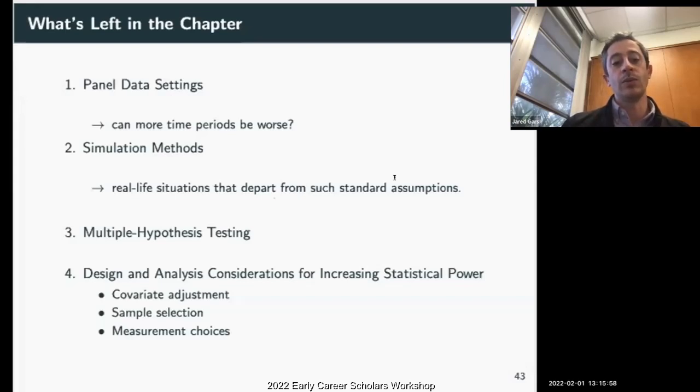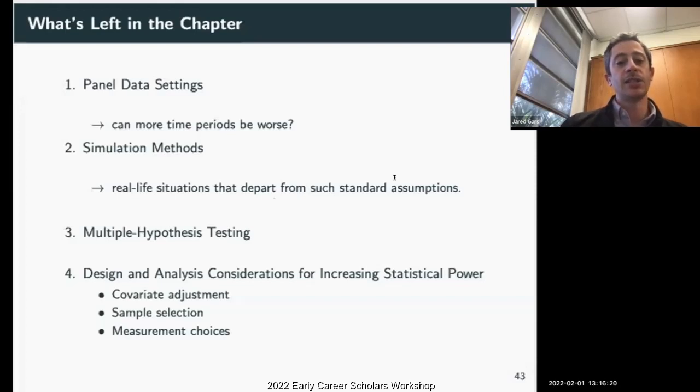So those need to be taken into account. There's a number of resources on multiple hypothesis testing, so you should go out and look at those whenever you're designing an experiment that has multiple hypotheses. You have to adjust for multiple hypothesis testing, so please go out and seek that out, or wait for the chapter when it comes out.